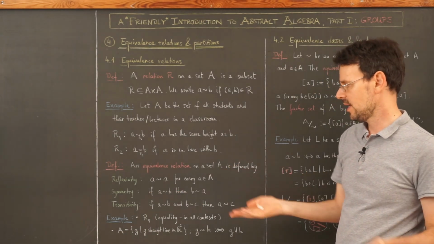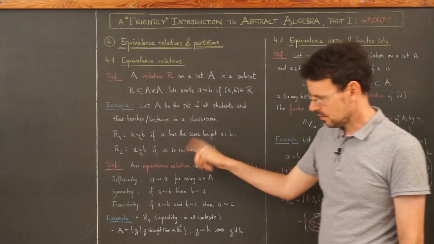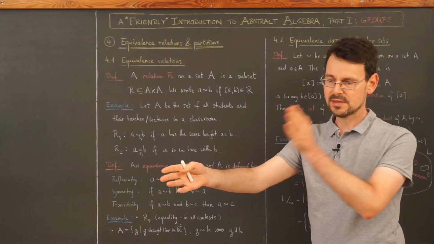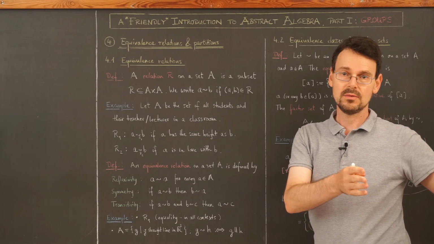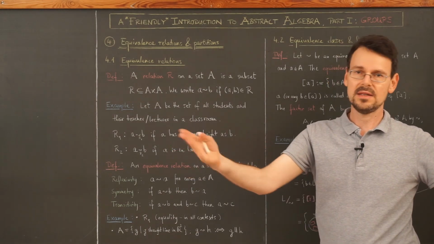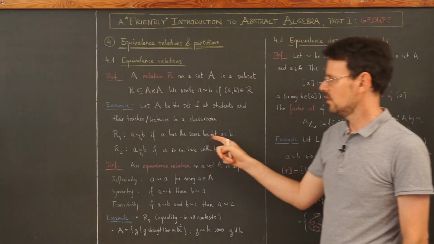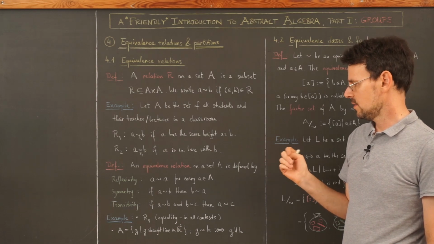They have the same height, so it doesn't matter in which order we apply that. So it's symmetric. Is it transitive? Well, of course, if student a has the same height as student b, and student b has the same height as student c, then of course a and c also are of the same height. So this here is an example for an equivalence relation.